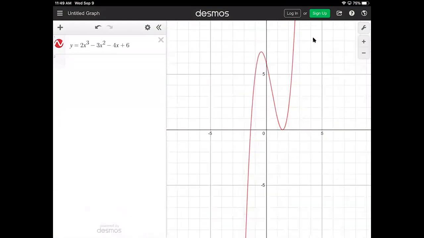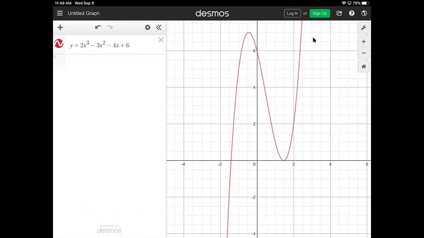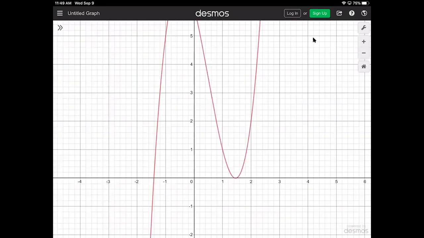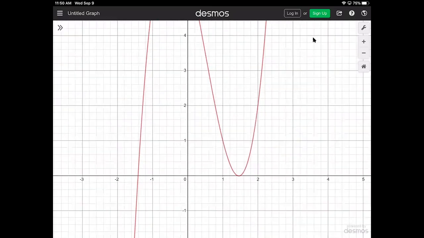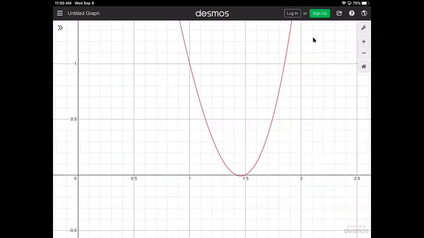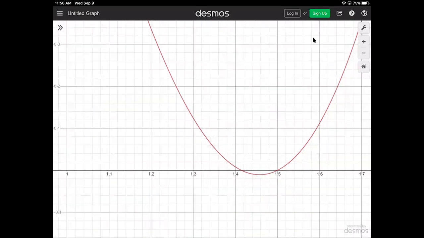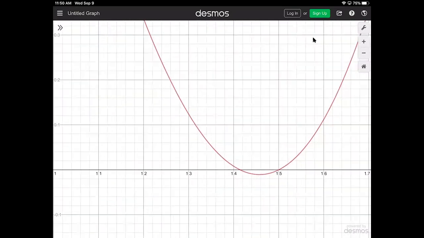But sometimes when we're looking at graphs, the picture might not give us the information we're looking for, okay? So when you go into Desmos, if you zoom in here, you can start to see that was pretty tricky because that graph actually goes right under the x-axis for a hot second and then comes back up.